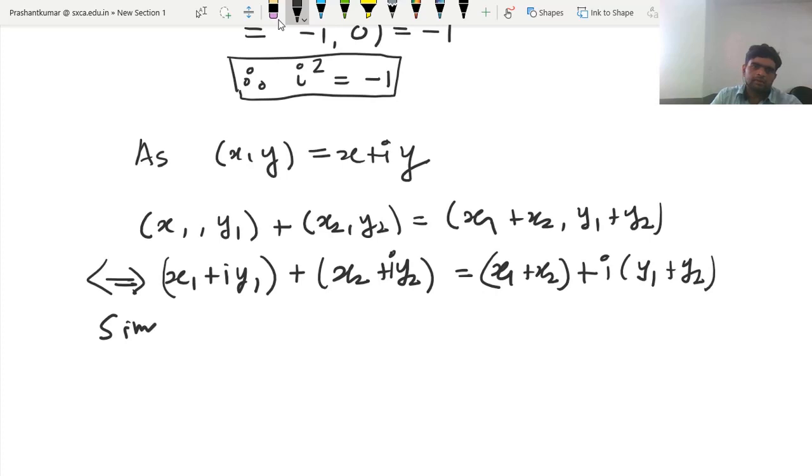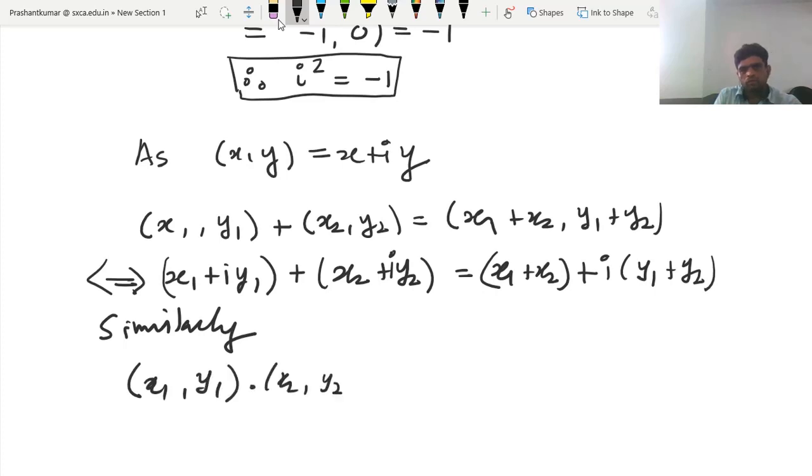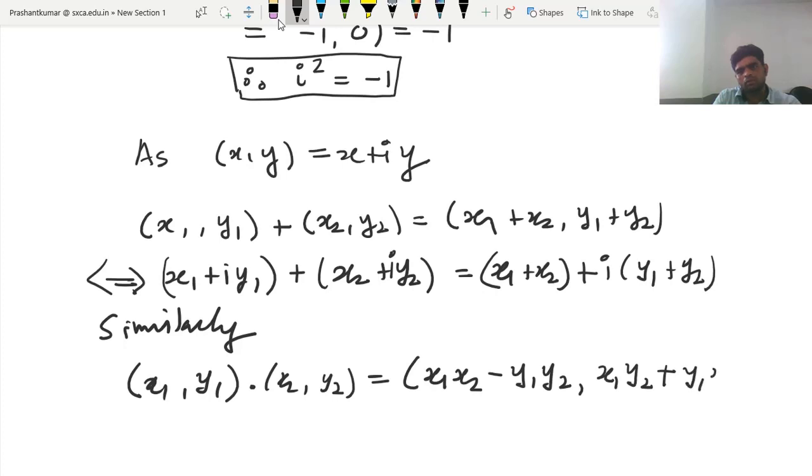Similarly, (x1, y1)·(x2, y2), by definition, we have (x1 x2 minus y1 y2, x1 y2 plus y1 x2).